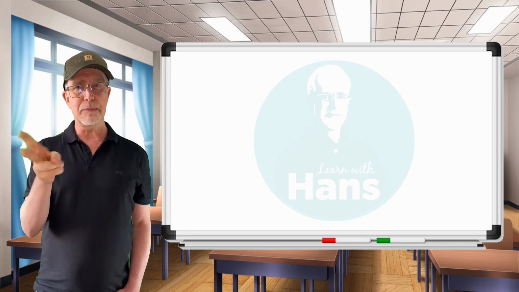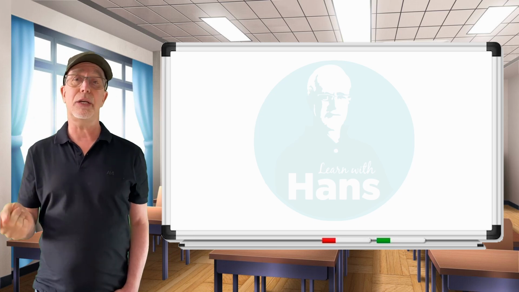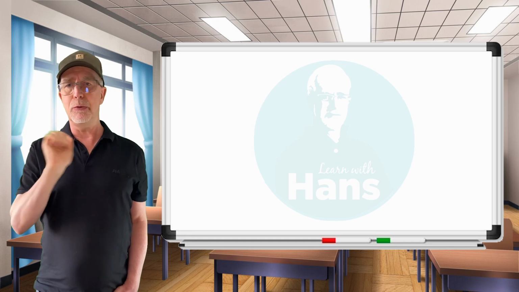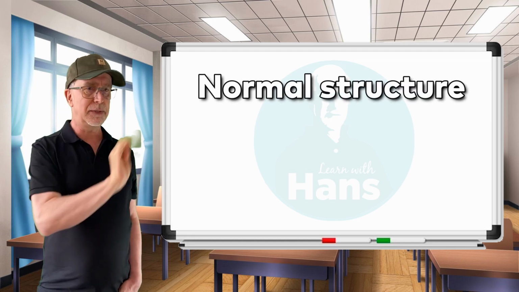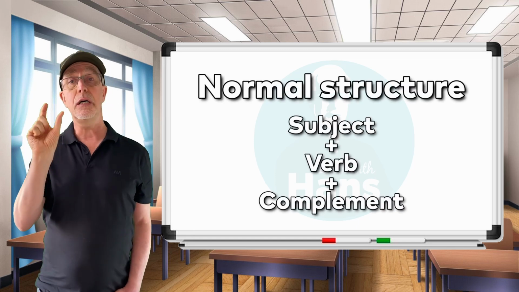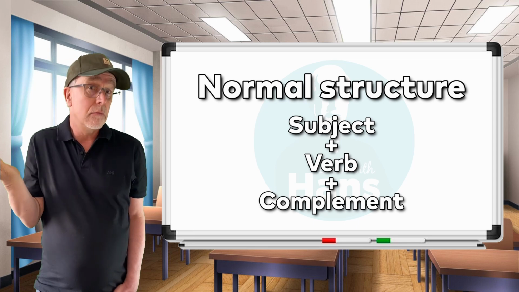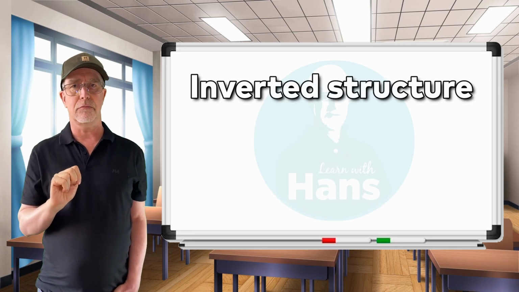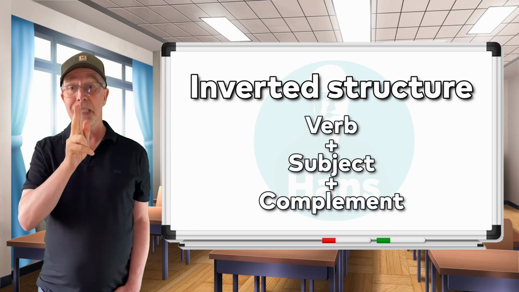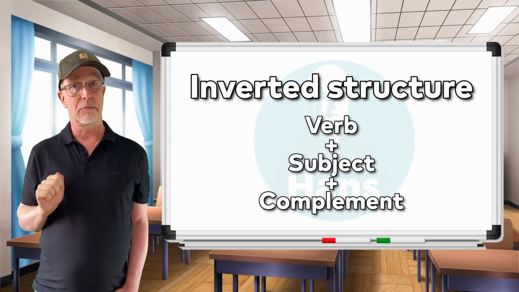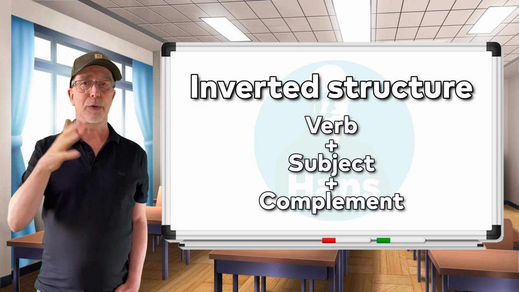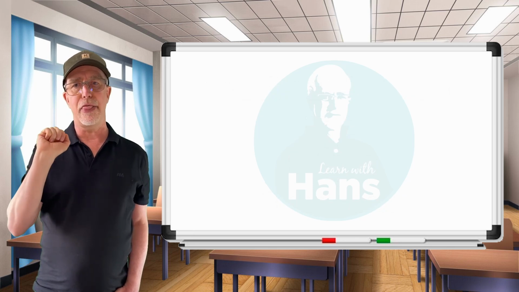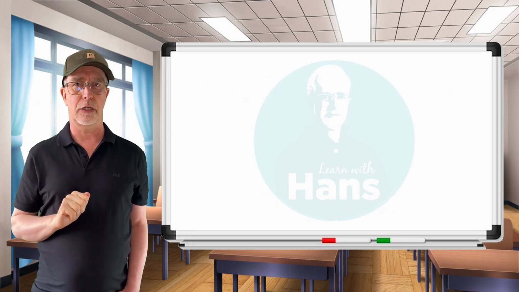Okay, two of them we already know. Why? Because they are exactly the same as in English. A normal structure, which is subject, verb, complement. Simple. Second one, inversion. Verb, subject, complement. Exactly like we just saw. But in Dutch, we have a third structure.